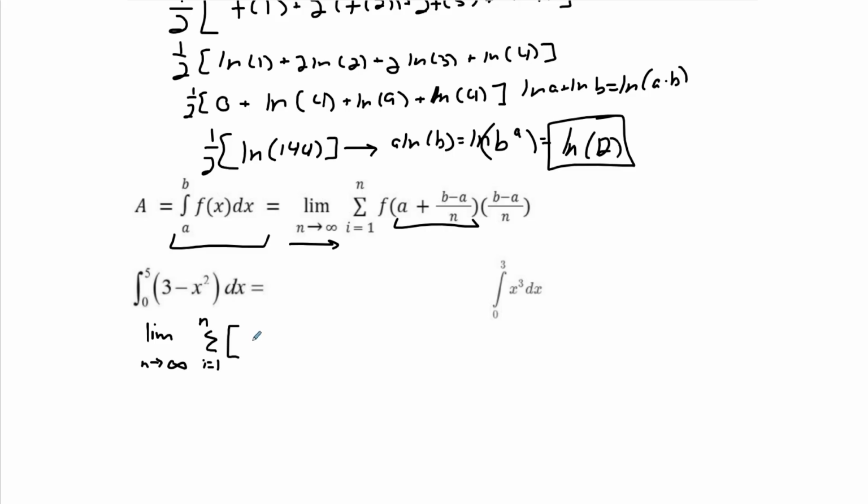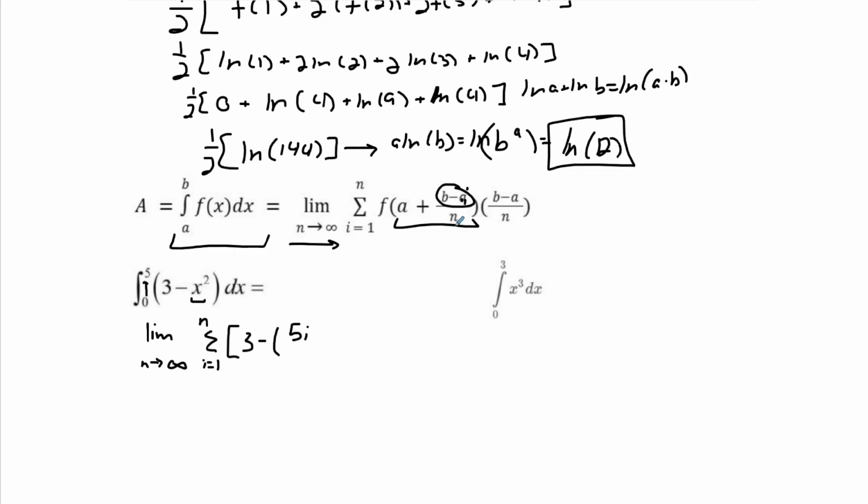Basically, you're going to take f of 3 minus, and then instead of x, what you're going to have is where you start. So here it's just 0, right? So that's not important, so we would just have a 0. And then for your x, you're going to have the b minus a. So how much did you change from 0 to 5? That was 5, okay? And so you would have 5, and there should actually be an i here.